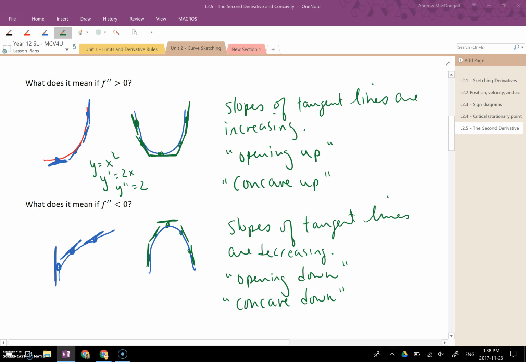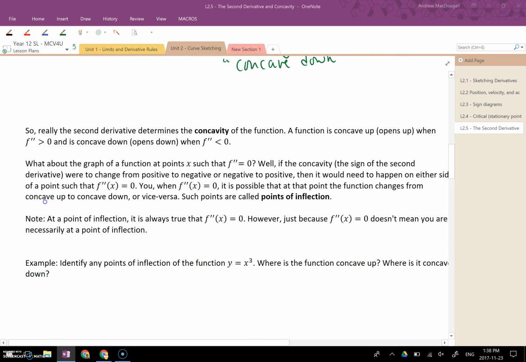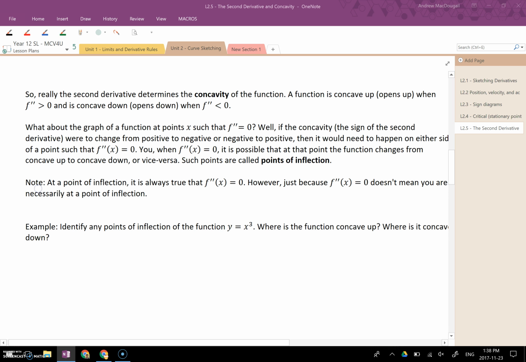So concavity is a property of a graph, and concavity means: is the graph opening up or down? We could have a function that starts opening up and at some point switches to opening down, or vice versa. And in fact, that can happen. The second derivative can change sign from positive to negative. For a continuous, or differentiable, function, it has to go through a point where f double prime equals 0.